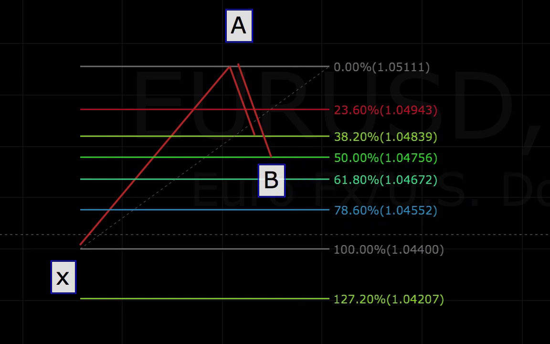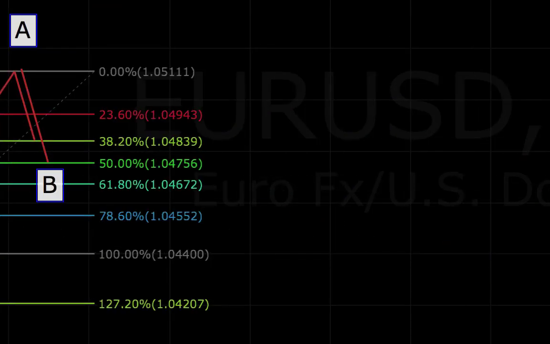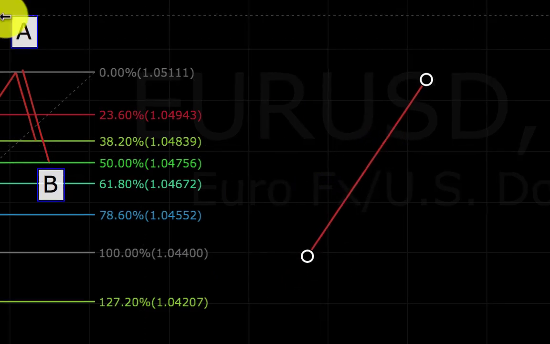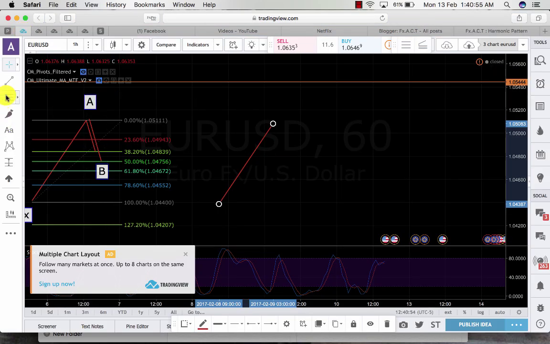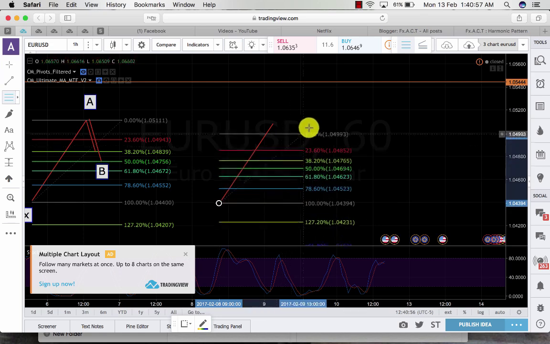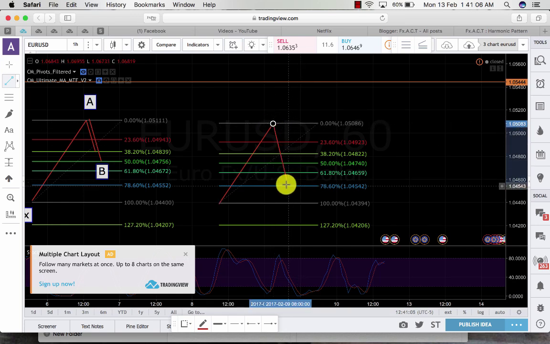Now let's go to butterfly. For the butterfly, just copy this one. It says on our notes that butterfly will be 78.60% retracement of XA. So if ever you see a retracement from X to A that is 78, again, it will give you a potential butterfly pattern.